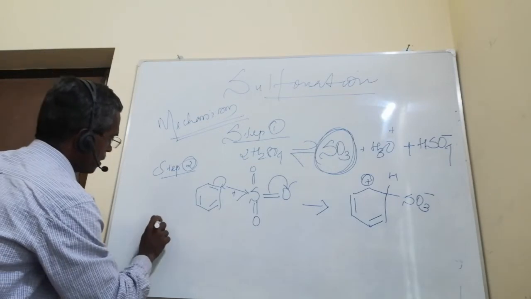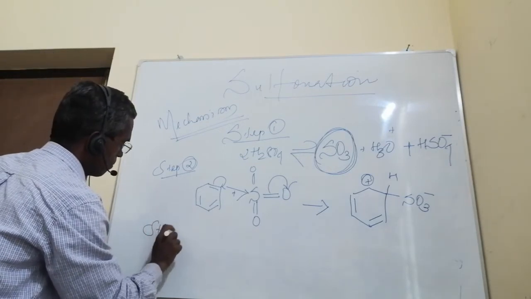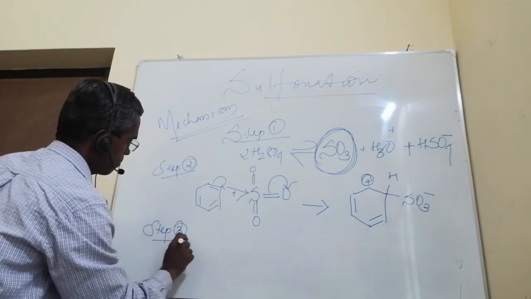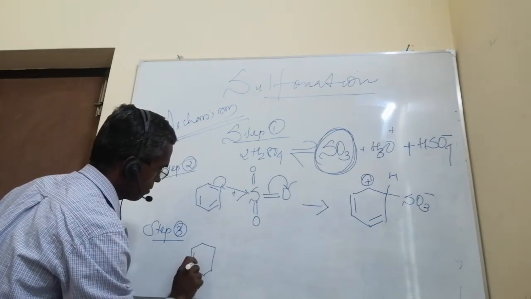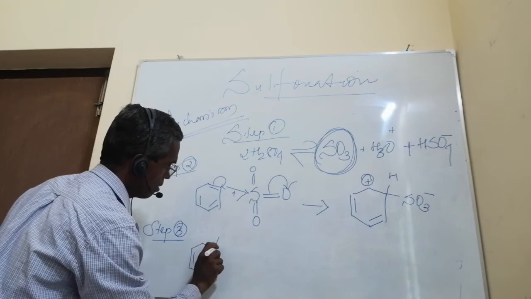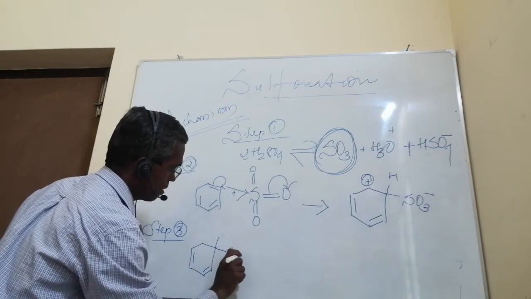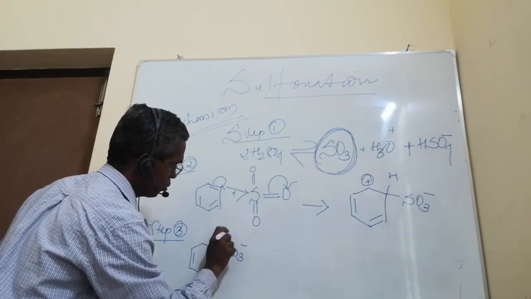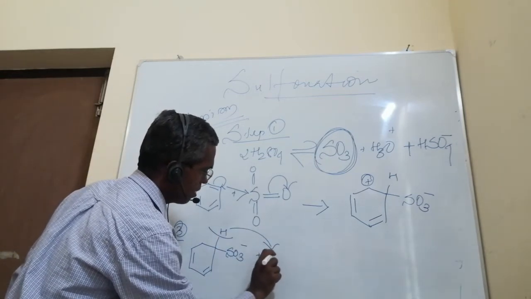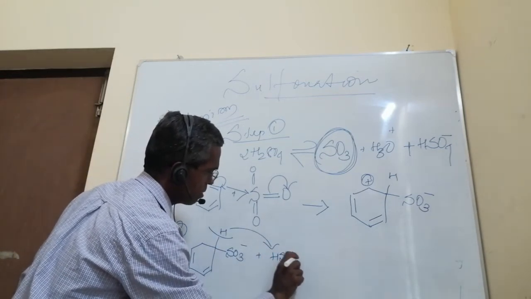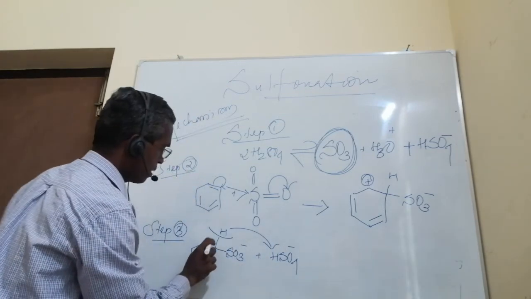And in step number 3, the H of SO3- H will be removed and goes to HSO4-. This comes here.